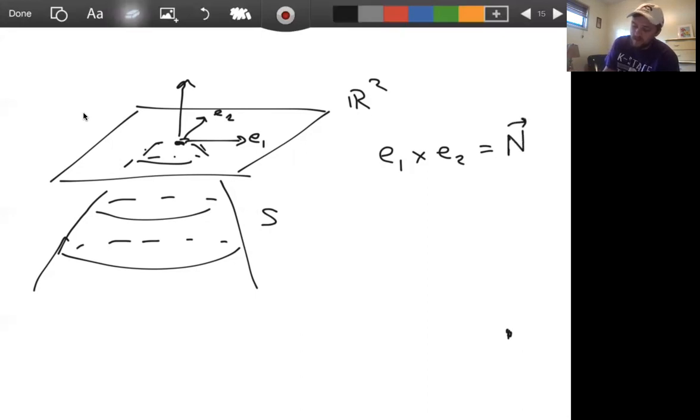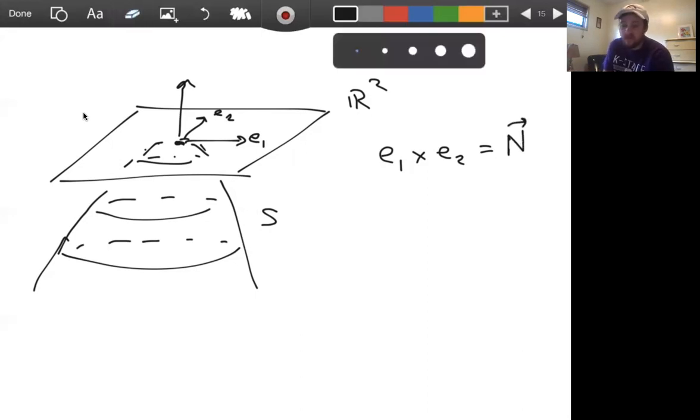E1 and E2 are both tangent to the surface. So something perpendicular to tangent space is perpendicular space, right? Because you take a 90 from being tangent, that's what it means to be orthogonal or perpendicular. And so that means taking the cross product is a normal vector.